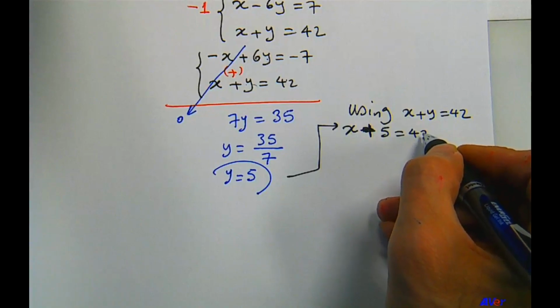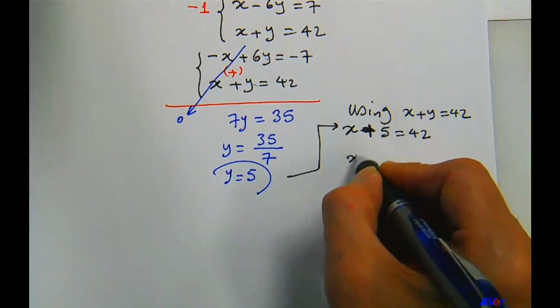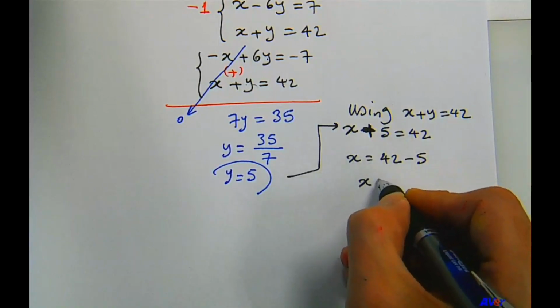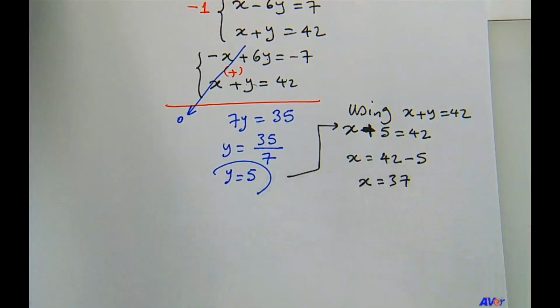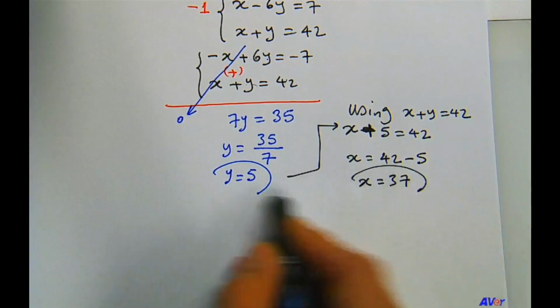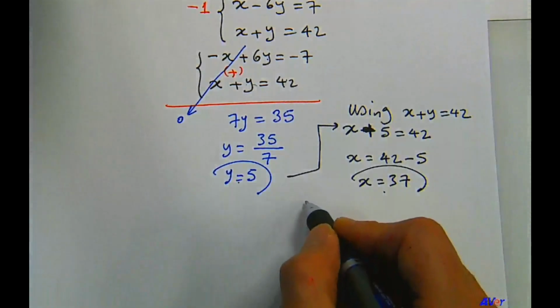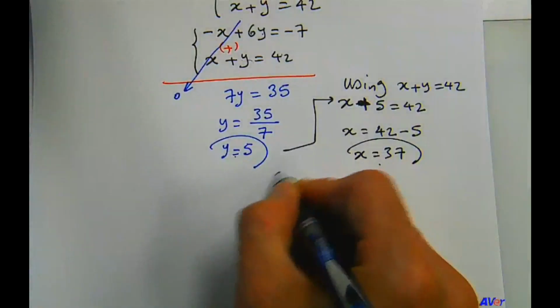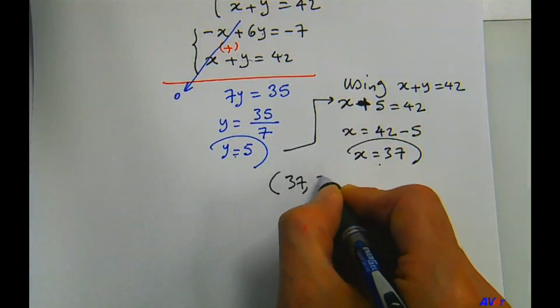So x equals 42 minus 5, x equals 37. Okay, so we have the y, we have the x, then the x and y values are 37, 5.